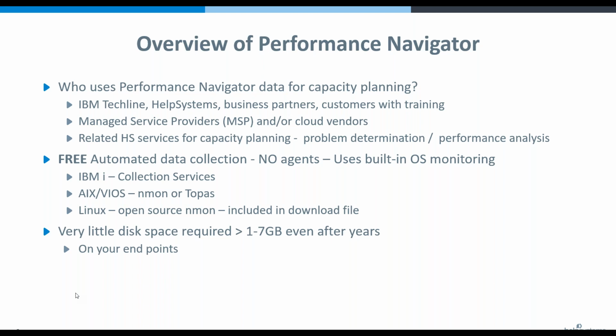And we have business partners that use the tool, and we certainly have customers that are using the tool and doing some of their own capacity planning too. Of course, I say with training. Everybody needs training, needs to understand a lot when it comes to that. We also have managed service providers who are using this technology, and even cloud vendors today that are using the technology to help size customers and provide their capacity plans when they move to the cloud.